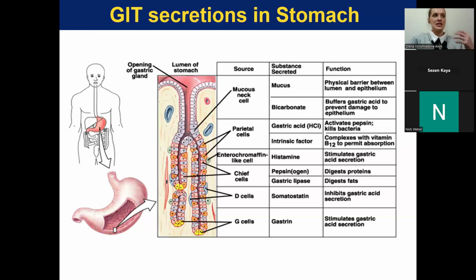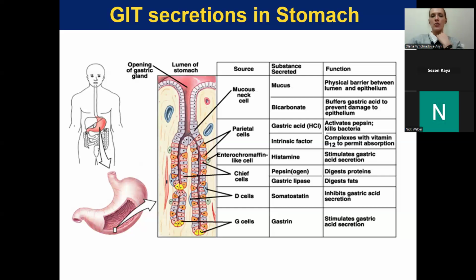But if we are eating meat or fish or some other variant of protein, it should stay in the stomach. And the more protein we eat, the longer this food will stay inside our stomach.